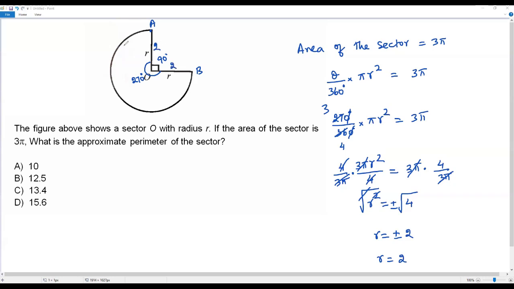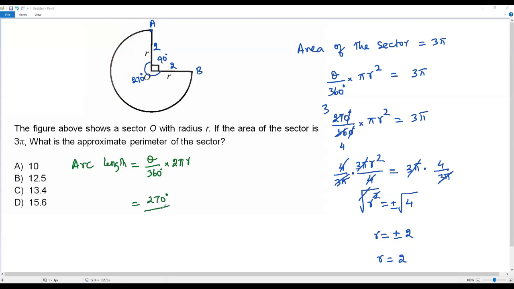Now let's find the length of the arc AB with the central angle 270 degrees. There is a formula to get the arc length. Let me write it over here. The arc length formula is theta over 360 degrees times the circumference of the circle, which is 2 times pi times r. Here theta is the central angle of the arc, that is 270 degrees.